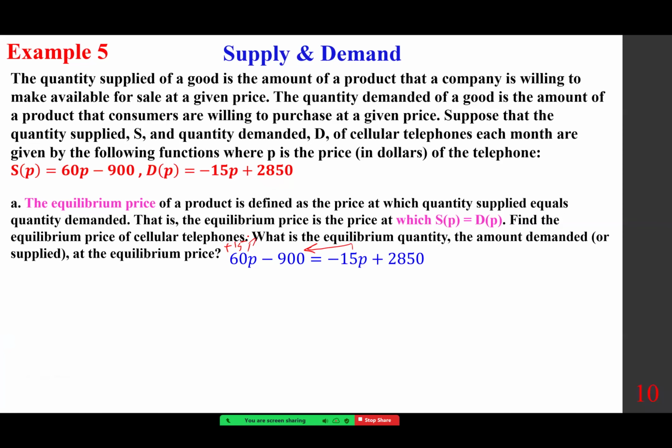It's 60p, 75p. Negative 900 becomes positive 900, and we get 3750. On the right, we divide both sides by 75, and P becomes 50.